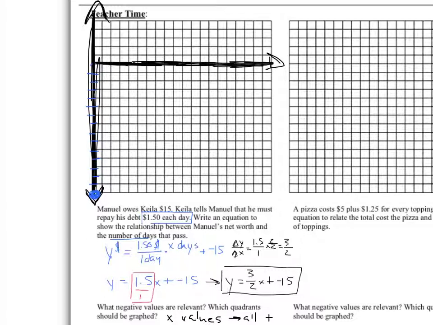Up or down? Okay, so I'm going to go up 3 and left or right? How many? 2. Yeah, so my change in x is 2. So this is my next point. Keep following that. Change in y up 3 over 2. So he is increasing his net worth. That makes sense because he is paying off his debt.